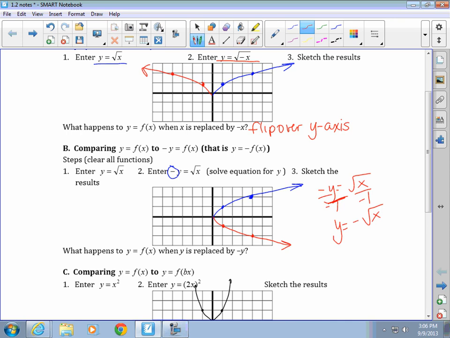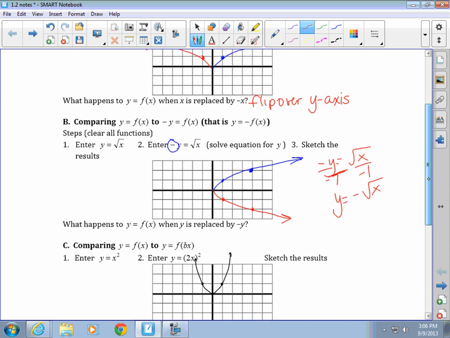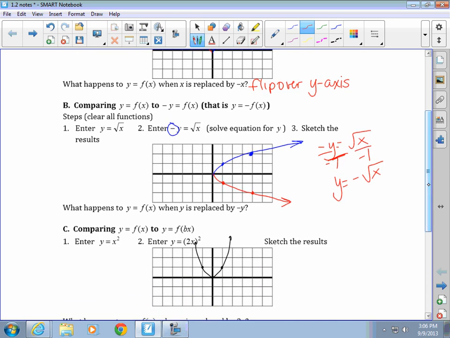In the first graph, the negative was inside that square root sign, and in the second one, it's in front of it. That's why I said do these in your calculator afterwards. We'll try one, and then you can do the rest later.